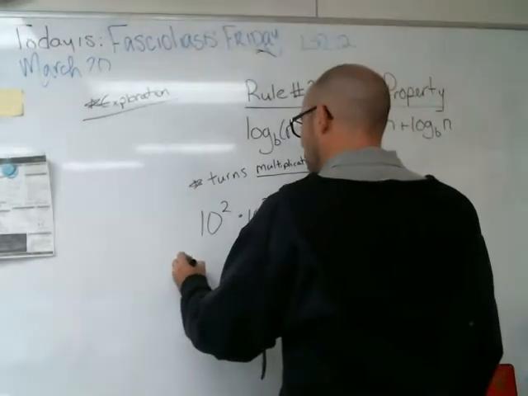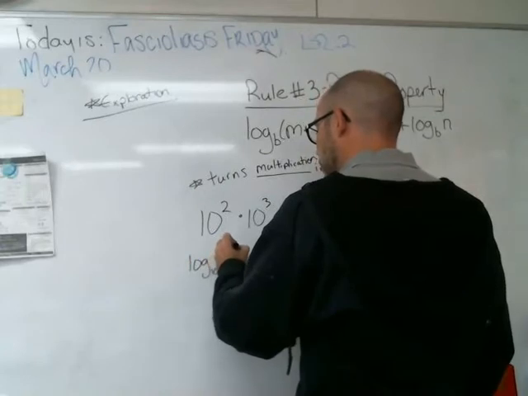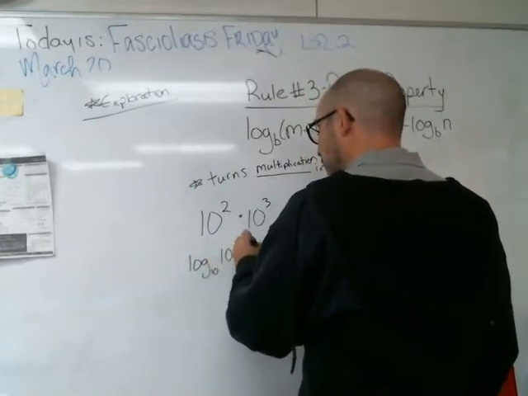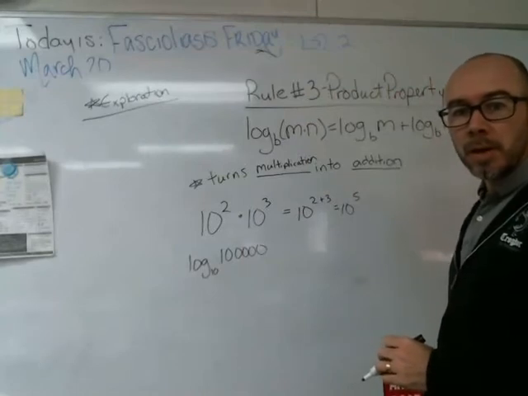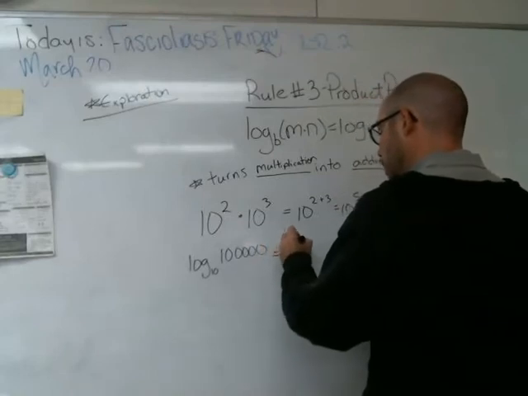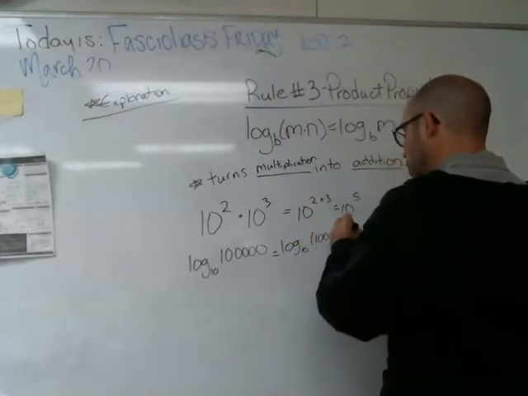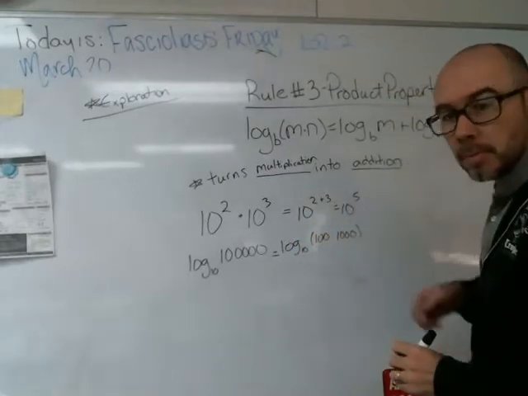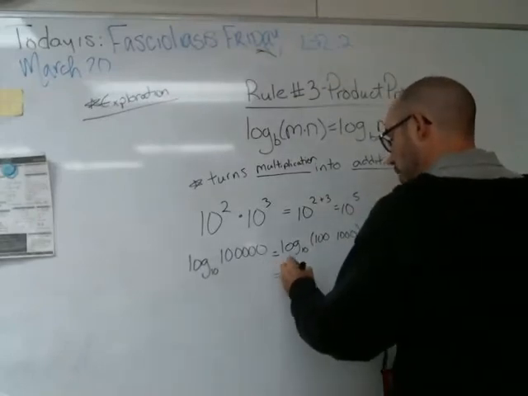Maybe the problem is log base 10 of some big number, 100,000. We can just split that 100,000 into, let's say, 100 and 1,000, and then evaluate each part separately.